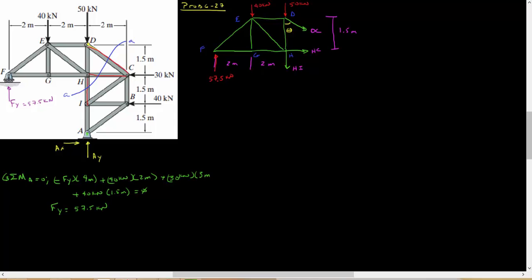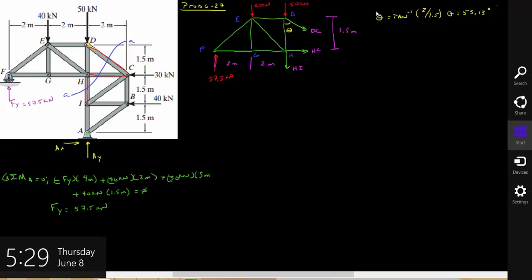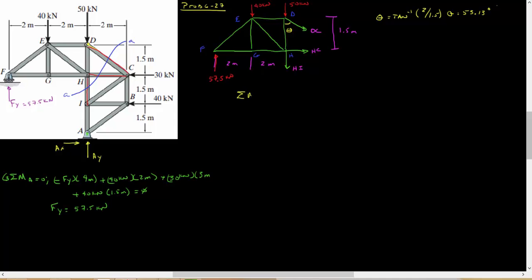Okay, so here is my free body diagram, and what I'm going to do first is solve for theta. So theta is going to be the arctangent of 2 over 1.5. So theta comes out to be 53.13 degrees. Now I can sum my moment about point D. And why do I choose point D?